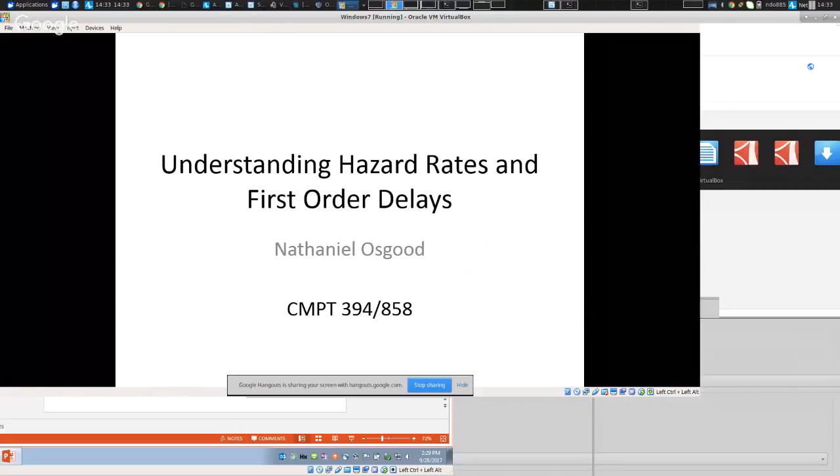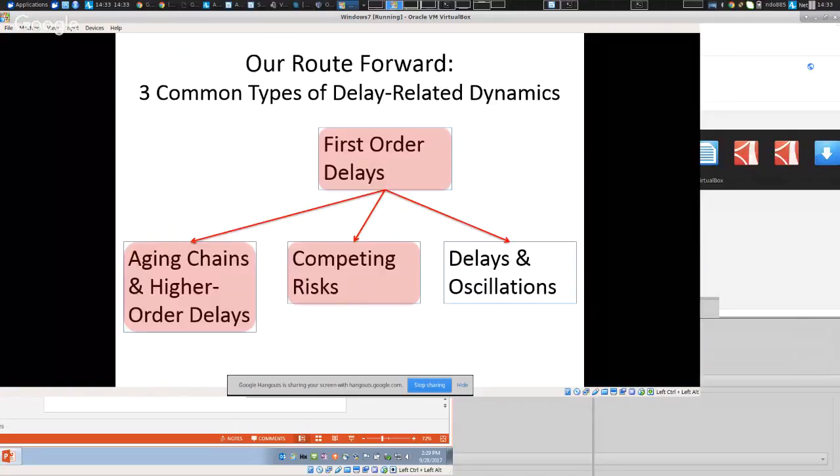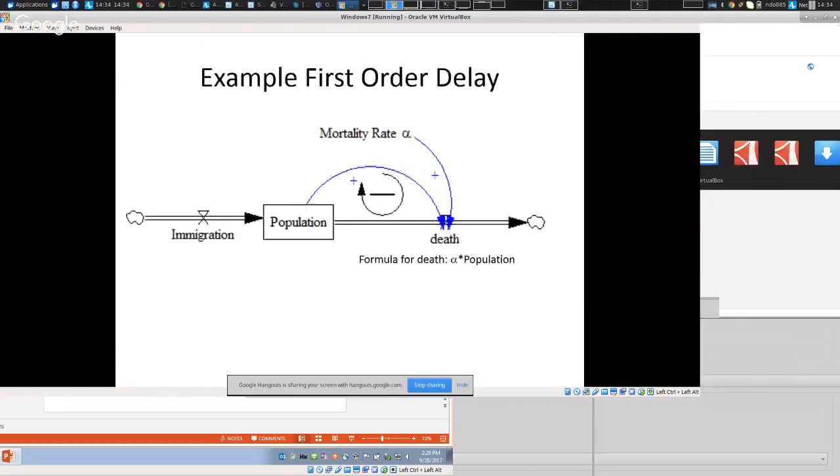Within system dynamics, though, more broadly, we have these pieces at the most basic level, but the next level up, the most basic piece, is this construct called a first-order delay. And as part of your assignment, you worked with a number of first-order delays, and we saw them in some detail last time. So this is an example of a first-order delay.